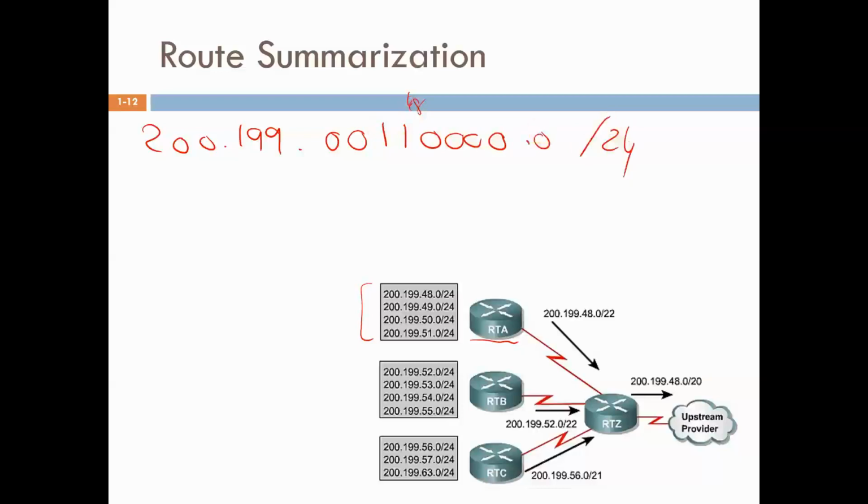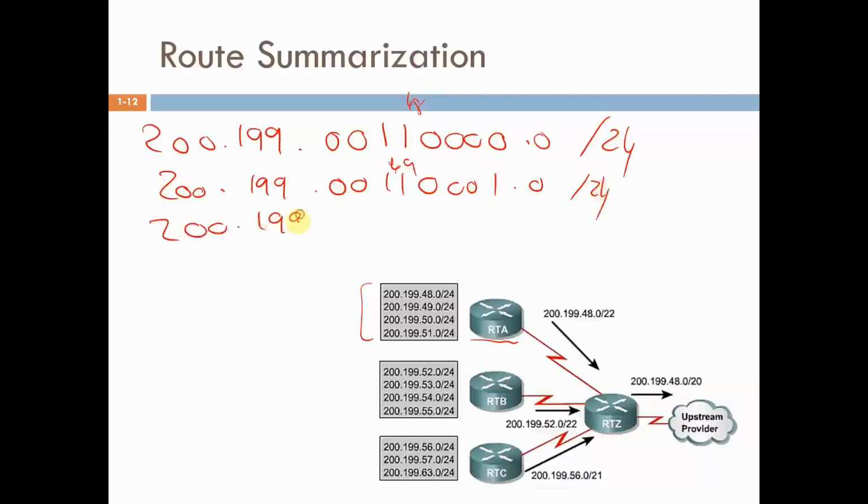The other one is 200.199.49, which is 00110001. This here is 49.0/24. The third one is 200.199.00110010, which is 50.0/24.